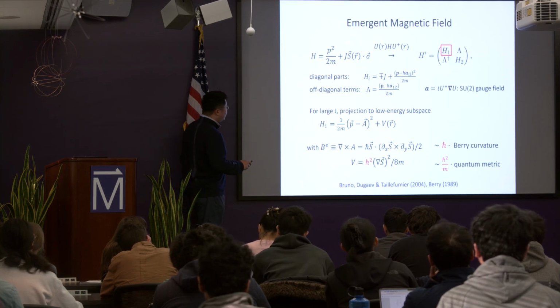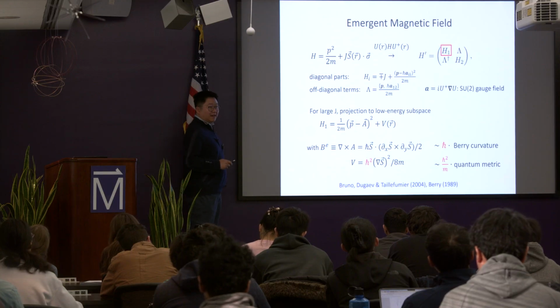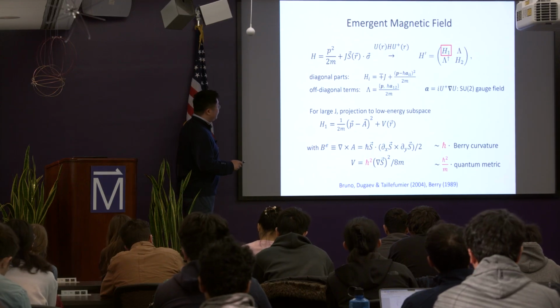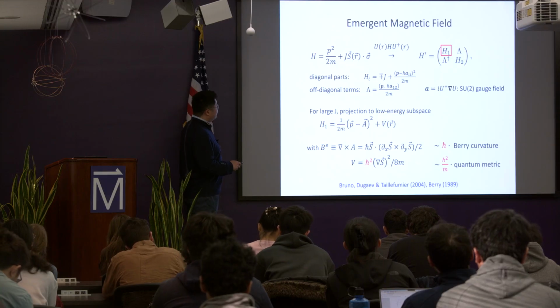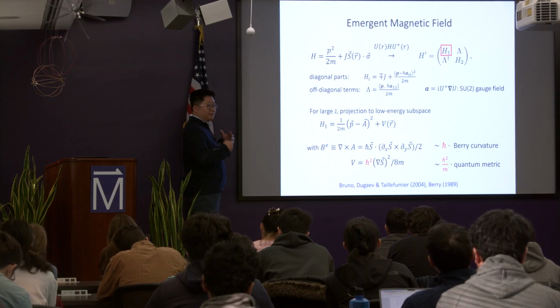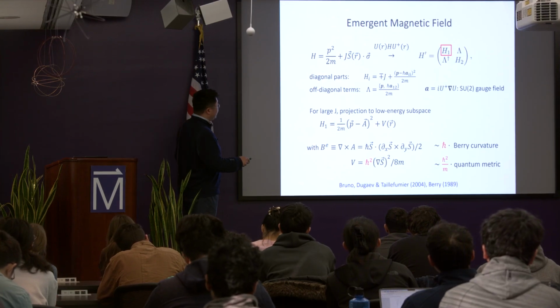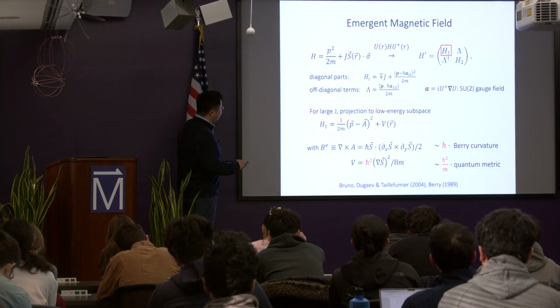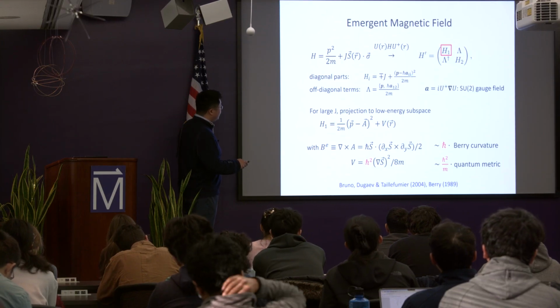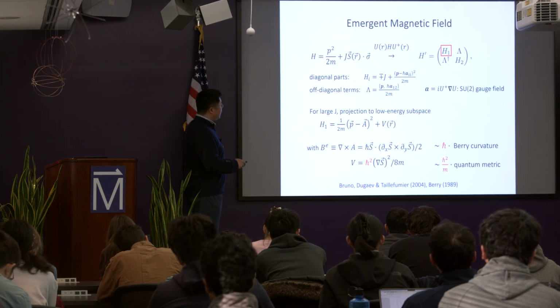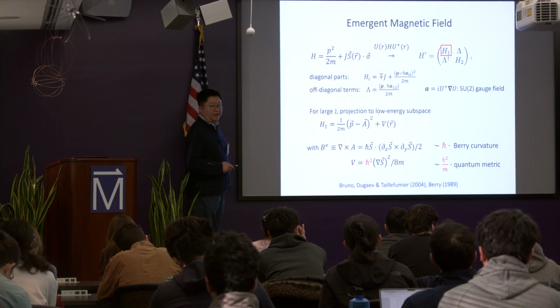Now, if you carry out this simple calculation, you find that in the diagonal block, the spin has been frozen, the spin has been locked to the Zeeman field, but now a new gauge field appears. In particular, in the diagonal part of the Hamiltonian, there's a U(1) gauge field that appears, and the off-diagonal part involves the off-diagonal component of the gauge field.